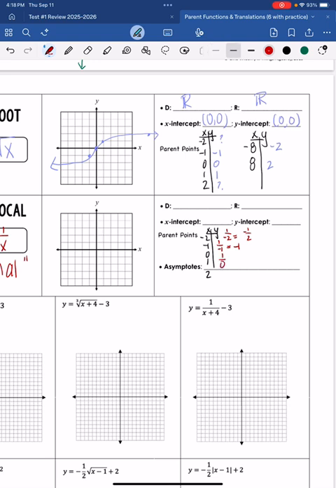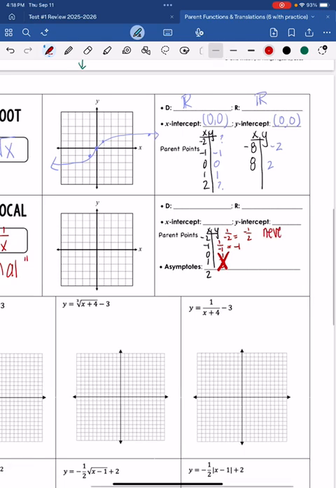Absolutely not. Never, ever, ever in your entire math life, you can never divide by 0. Ever. There's no exception to that rule. You can never divide by 0. Division by 0 is undefined. And so you'll notice we have this thing called an asymptote.